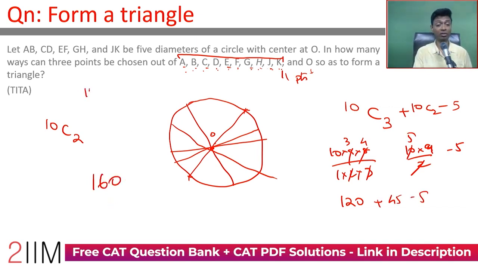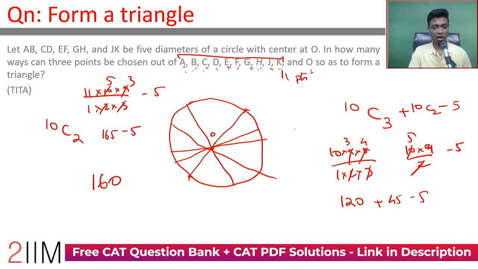You could imagine this as 11C3, 11 into 10 into 9 by 1 into 2 into 3, which is 165, minus 5. That's the other way of thinking about it. Out of the 11 points, select any 3, and then subtract the selections of the 5 diameters. So 11C3 minus 5, or 10C3 plus 10C2 minus 5. Both ways we get to 160.